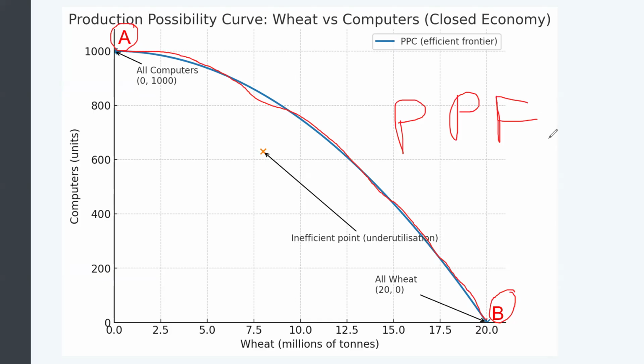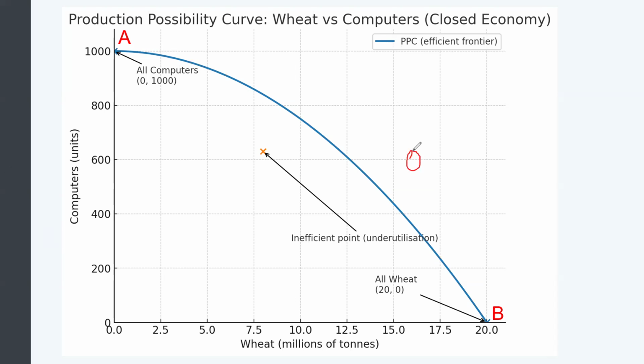Now let's go straight into exam questions. What type of questions can the lecturer ask about this thing? Right. So the first question that the lecturer might ask you is a question of efficiency. An economy is called efficient when it is producing on the PPC.